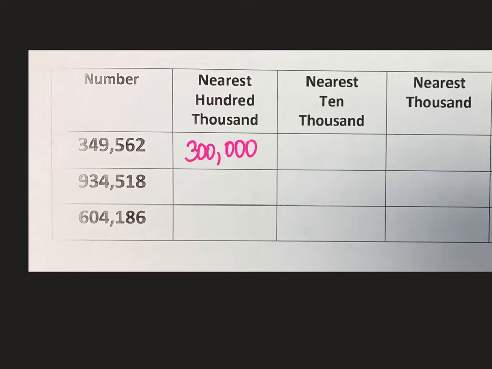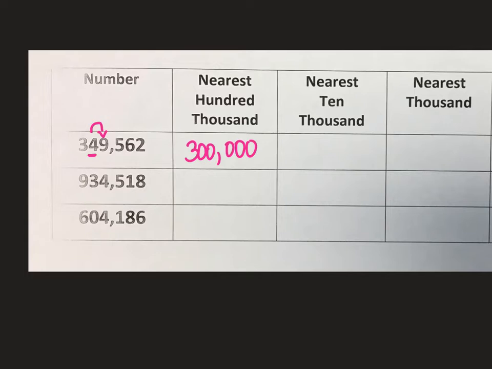Now we're going to look at the nearest 10,000. What digit is in the 10,000s place? Paisley? The 4. So we're going to underline the 4. Then we're going to draw an arrow to the 9. Is it 5 or above, or is it 4 or less? 5 or above. Give it a shove.